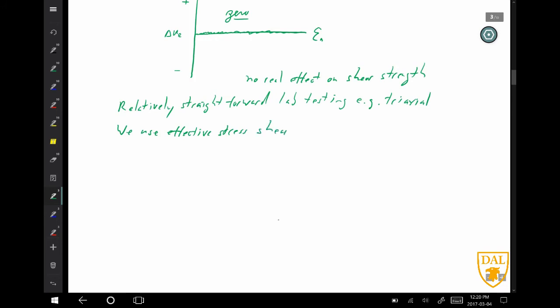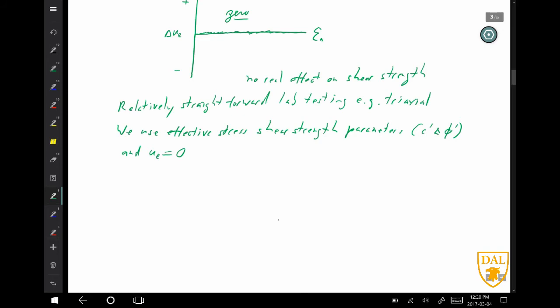Shear strength parameters, C prime and phi prime. And the excess pore pressure is 0.